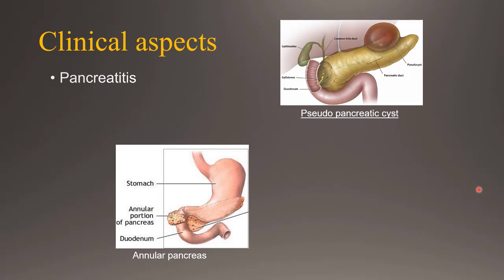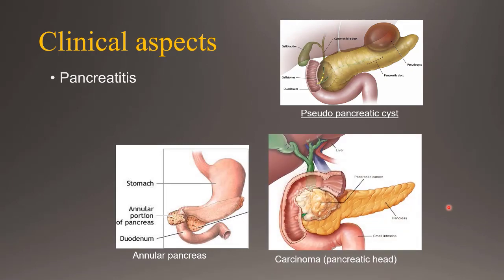Annular pancreas is developmental abnormality where there is failure of rotation for the ventral bud, when a pancreas forms all around the duodenum, pinching it or obstructing it.